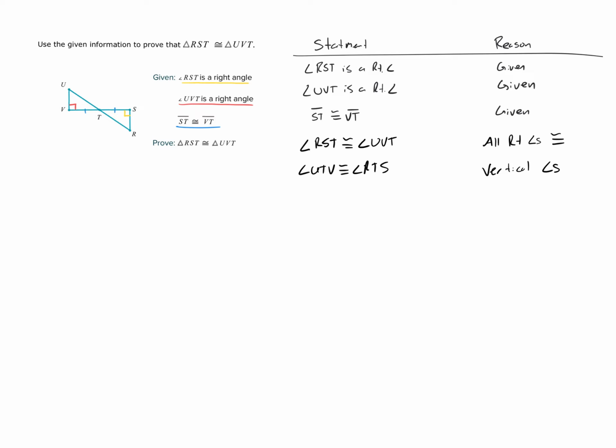So now I have this side here, and I also have this angle is congruent to that angle, and the two right angles, so that's going to be an angle, a side, and an angle. So then I would insert this into here, and then I would say angle, side, angle, congruence property.